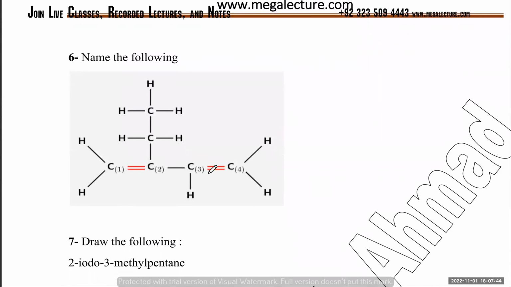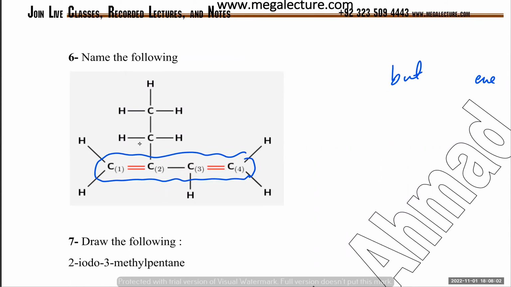So you've got to name this one. Remember, the main chain has to have the maximum groups, double bonds, etc. So that's going to be your main chain, although it's a shorter one, it's going to be selected as the main chain. That's but. And it's ene, it's an alkene, and it's a diene because there are 2 double bonds. One is at 1 and the other one is at 3.